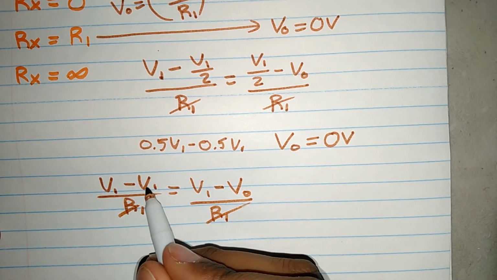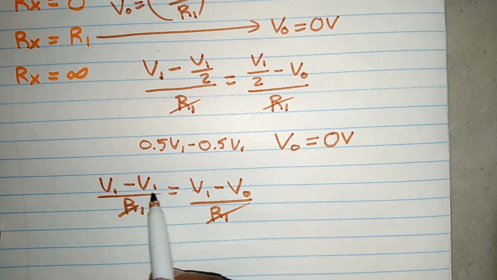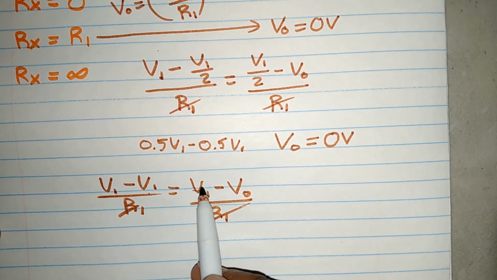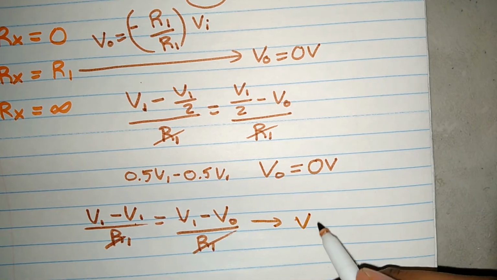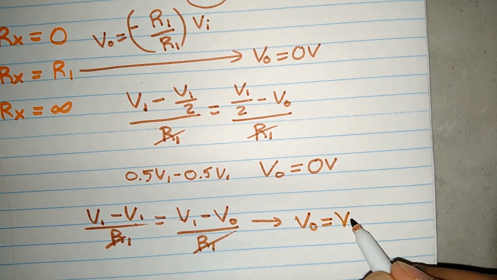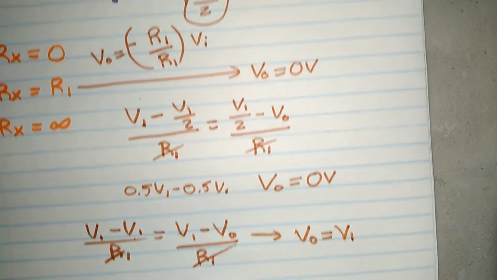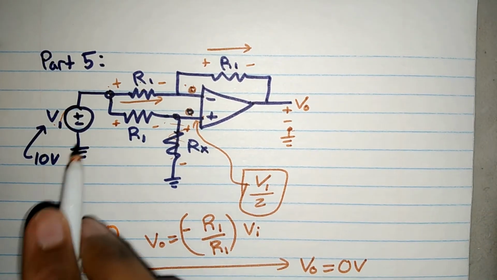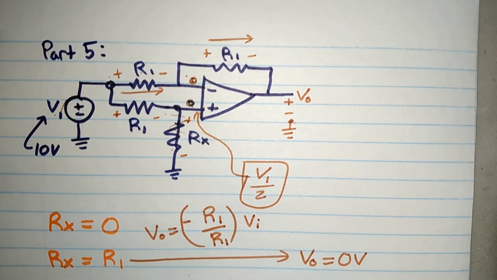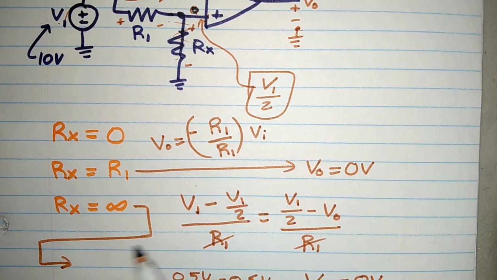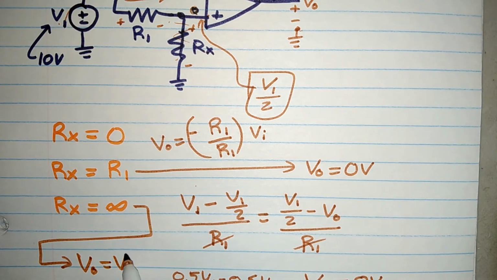V1 minus V1 is 0. Negative V1 comes to the other side. You cancel out the negative. And as you can see, V out is equal to V input. The voltage would be exactly the same. So then we can say from this, if Rx was infinity, V out would be equal to V in.